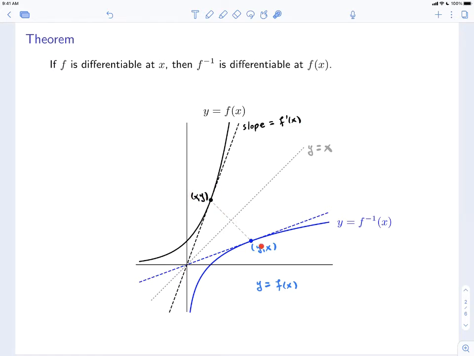If we reflect all of this through y equals x, then we have a graph of a function, the inverse function, but we also have a tangent line, tangent at the point y comma x, where y is equal to f at x. But since we have a tangent line there, that means that the function f inverse has a derivative at y, but y is equal to f at x, so we're saying that f inverse is differentiable at f at x.